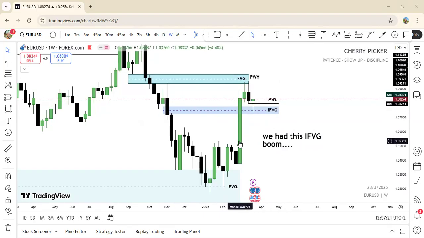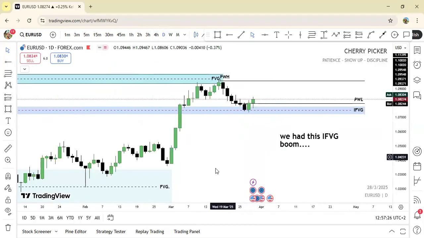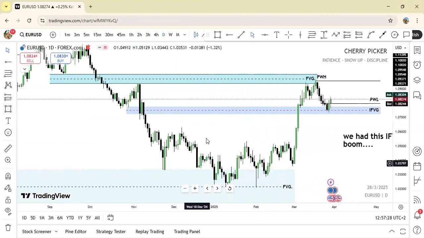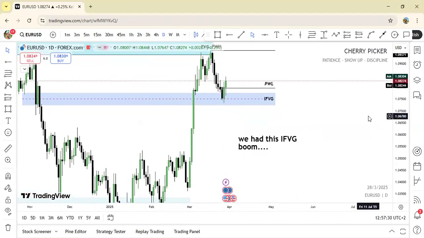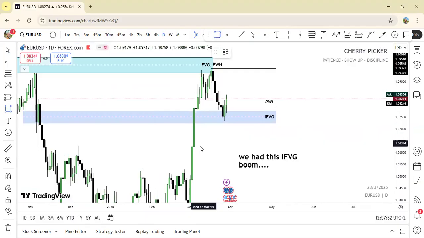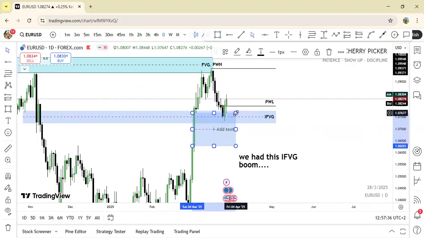But I was interested in the daily fair value gap. This was our daily fair value gap. This was our target, right? The previous week low and the daily fair value gap.